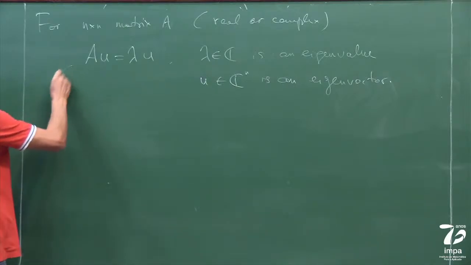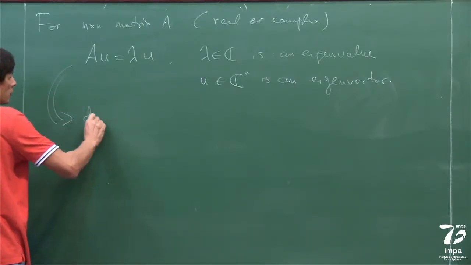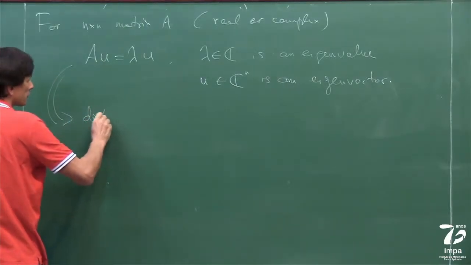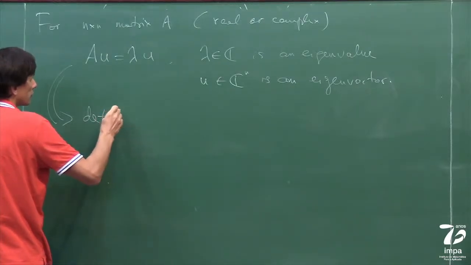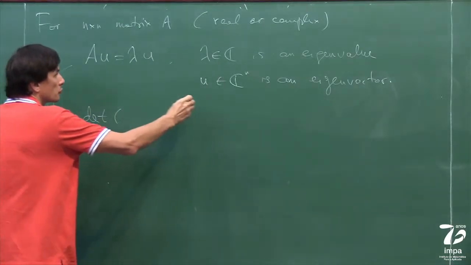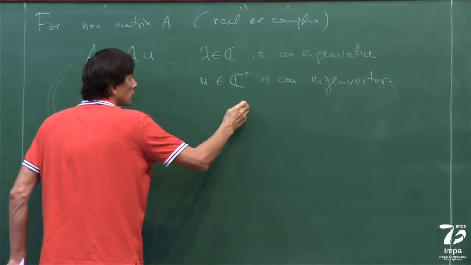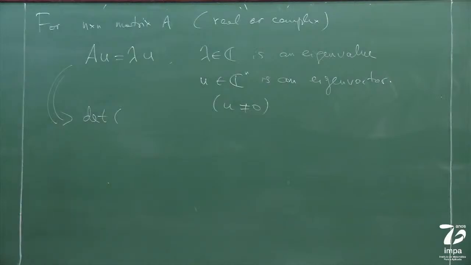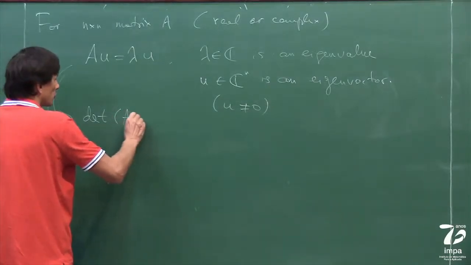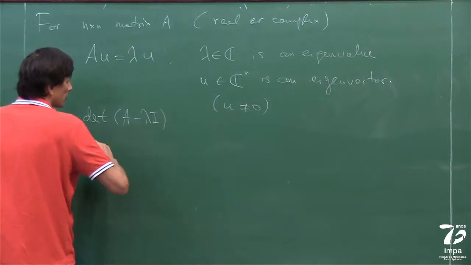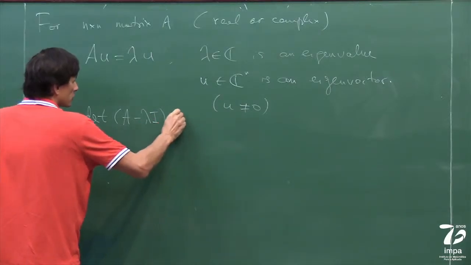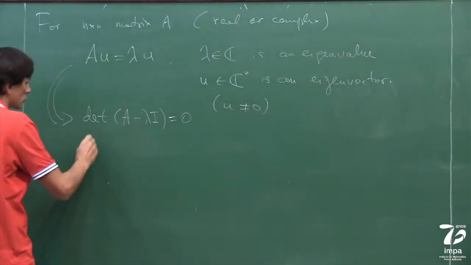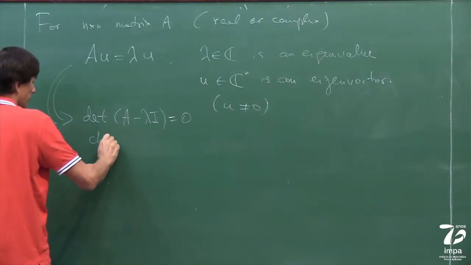U should be non-zero, not a zero vector. Its solution exists if and only if the determinant of A minus lambda I is zero. This is what's called the characteristic equation.